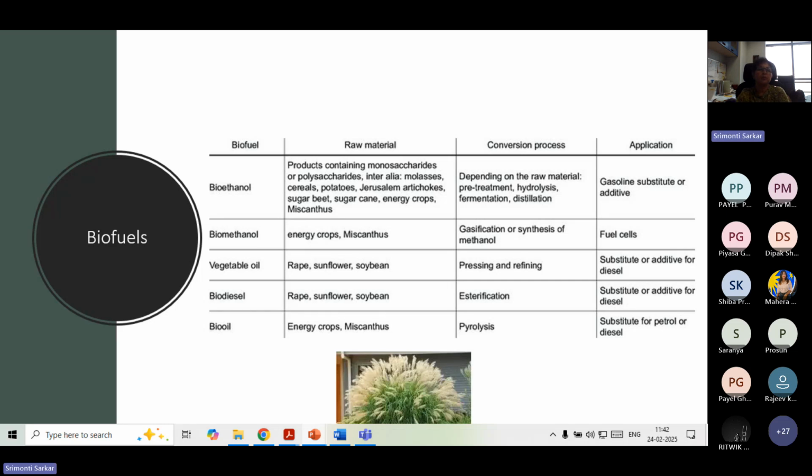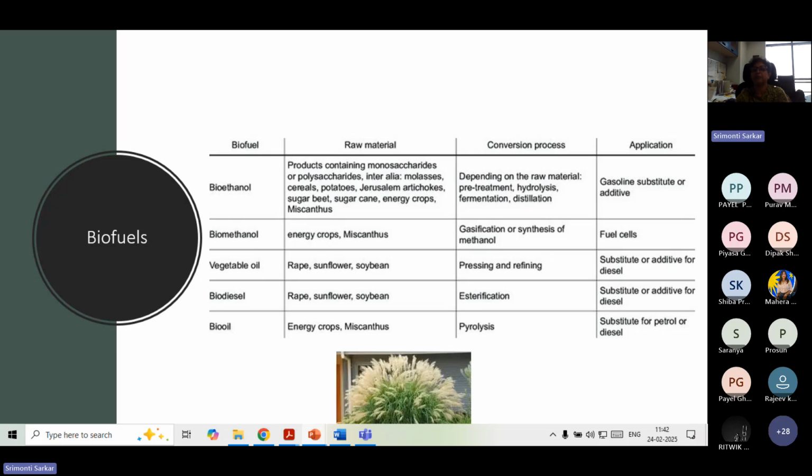So the whole point of this slide is to make you appreciate that biofuel is not just bioethanol, it could be other things. And the sources of biofuels are high energy crops, and they can even be other agricultural wastes. They could be plant material, sort of wood, dust, and other byproducts that can be subjected to different chemical processes, and depending on that, you get material that has different applications.